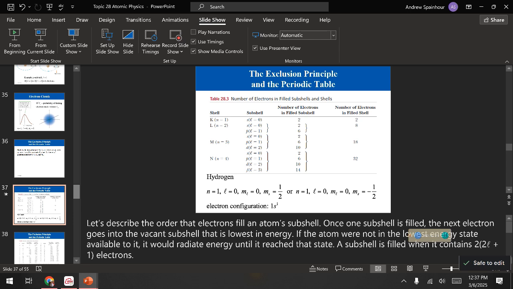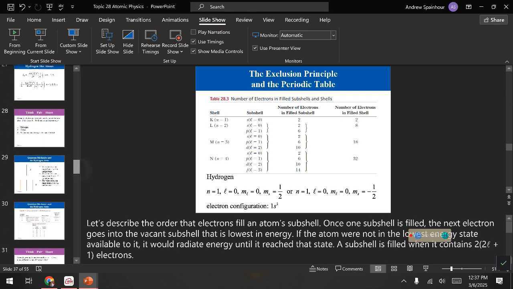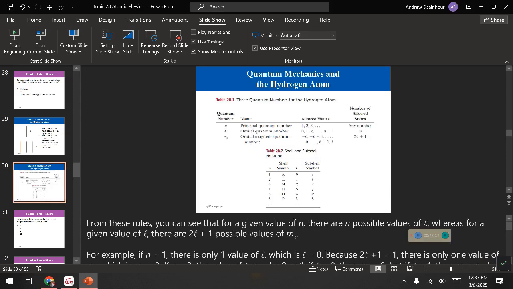So, exclusion principle in a nutshell. You guys are used to s, p, d, and f. What you're probably not as used to is the major shell. The major shell is usually just associated with the number of de Broglie wavelengths. That's n. But you'll notice right down here, n equals 1.